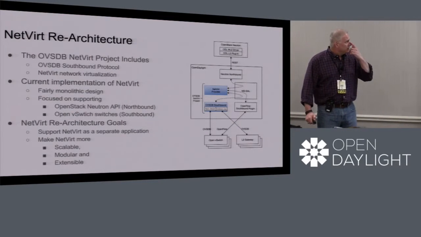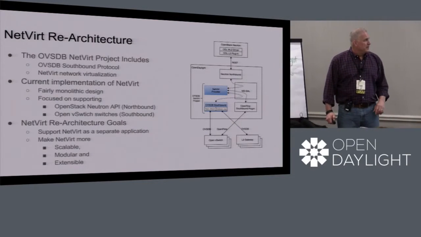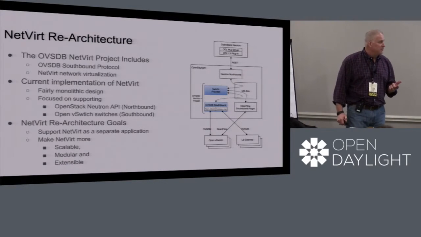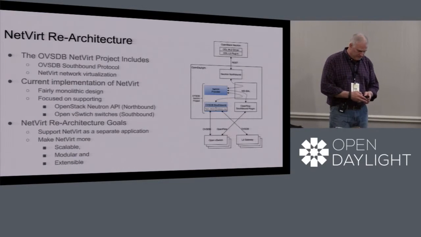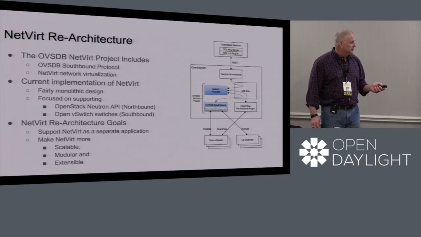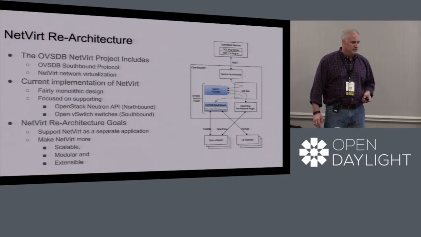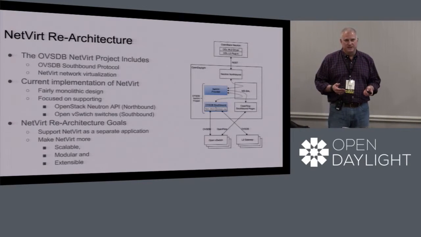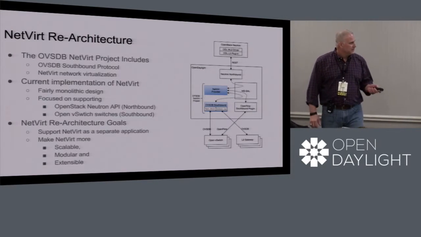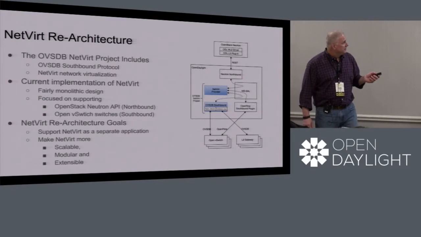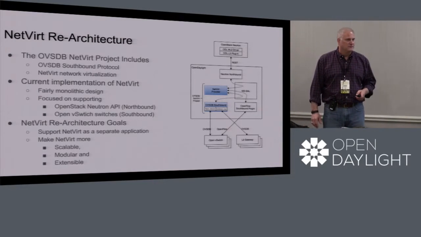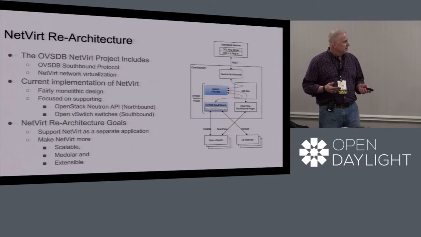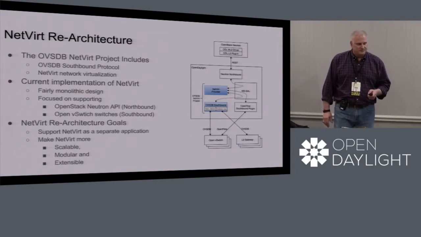Currently, the OVSDB NetVirt project includes really two components. One is the OVSDB southbound that implements the OVSDB protocol and various OVSDB schemas, and the other is the NetVirt network virtualization solution that currently is supporting OpenStack networking.